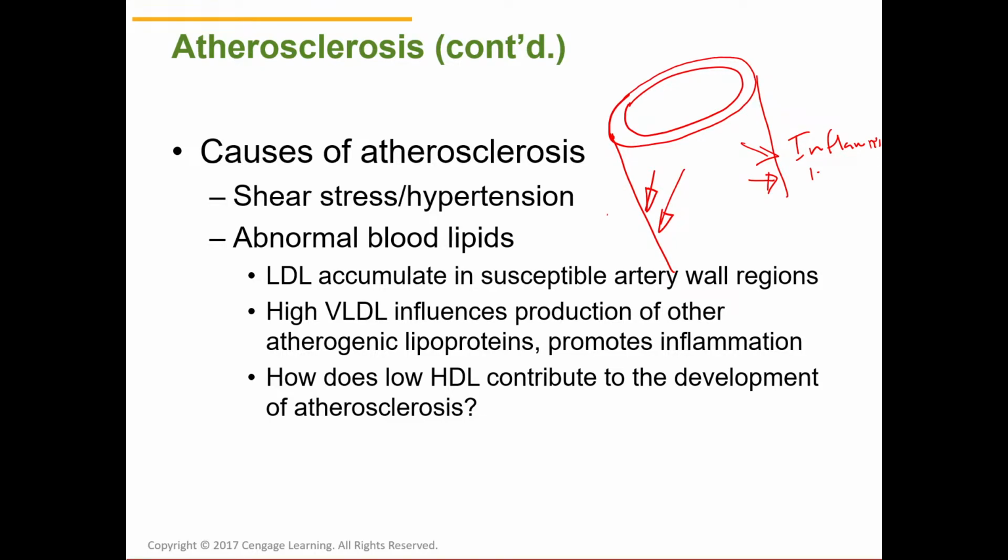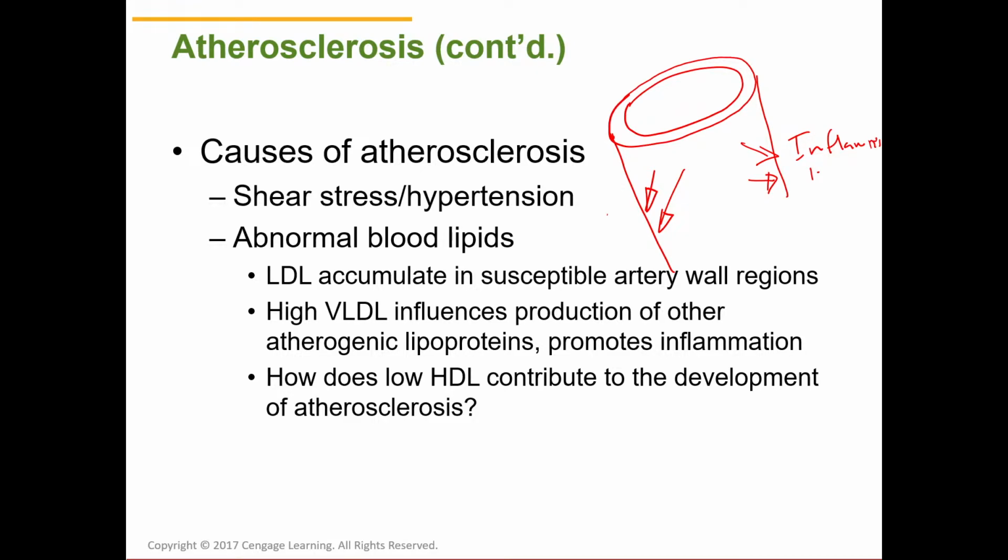So how does HDL contribute to the development of atherosclerosis? HDL does not contribute in any way. HDL is the good kind of cholesterol. LDL is the bad one. So when HDL is at normal levels, it won't cause any problems.